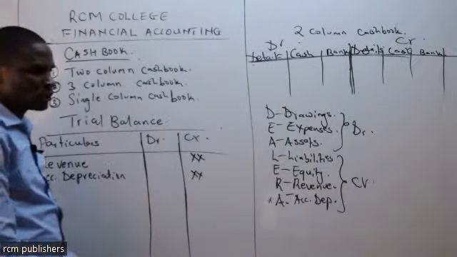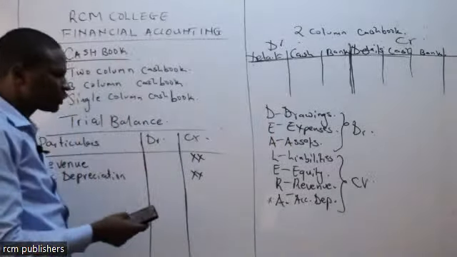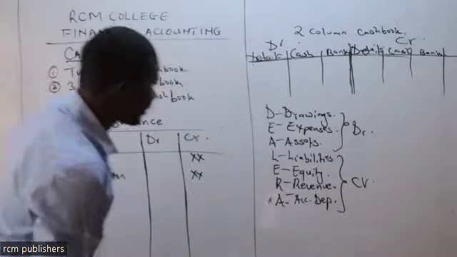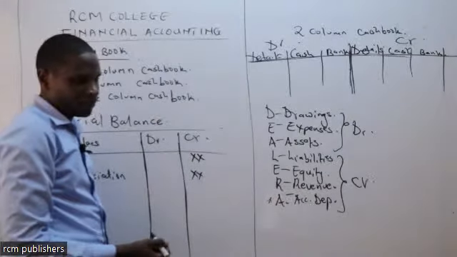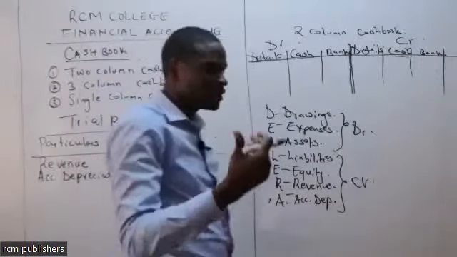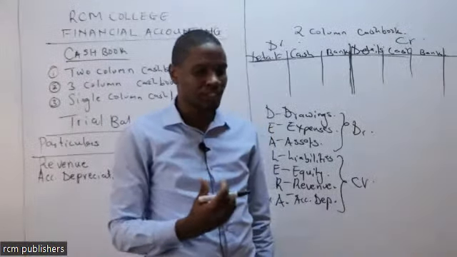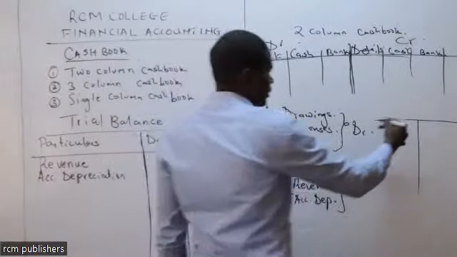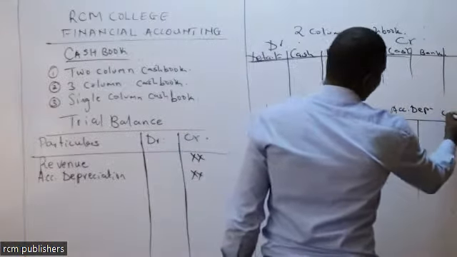I wish I had a question having accumulated depreciation for you to see that it falls under this section. I was teaching the financial reporting students, whereby we were looking at depreciation itself, and we were to open a T account for accumulated depreciation, with debit and credit.